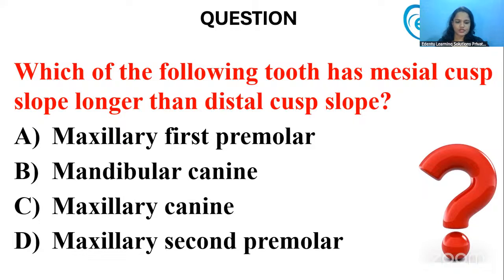So which of these teeth has the mesial cusp slope longer than that of the distal cusp slope? Is it maxillary first premolar, mandibular canine, maxillary canine or maxillary second premolar? Yes, Dr. Pooja. Any others?